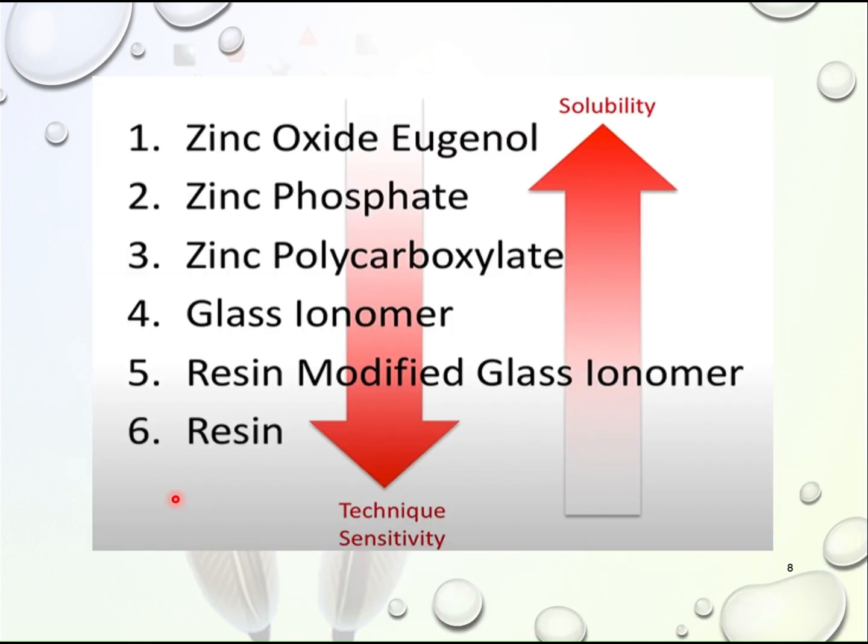Based on technique sensitivity and solubility, we can see in the graph that as we go from zinc oxide eugenol to resin, technique sensitivity increases. That is, using the conventional cements is easier compared to the resin cements, because with resin cements there are so many steps involved, and not everybody will have a light cure gun and bonding agent and composite cements, so that is called technique sensitivity.